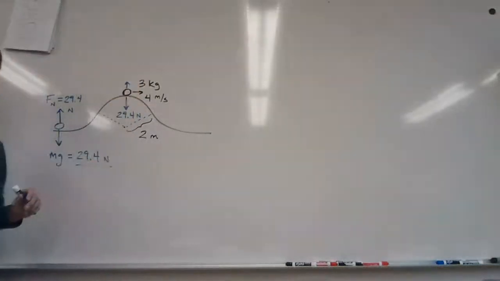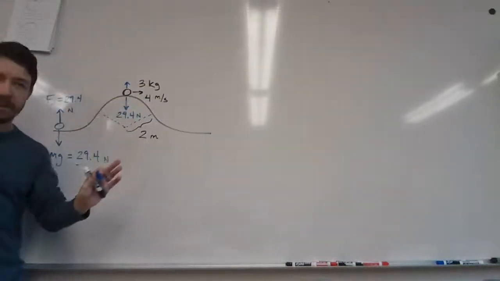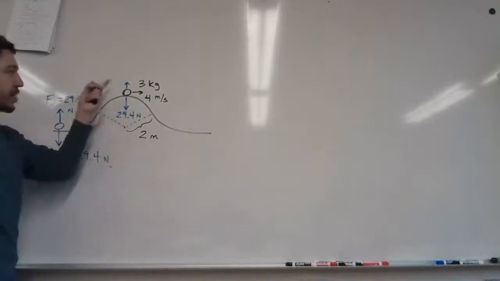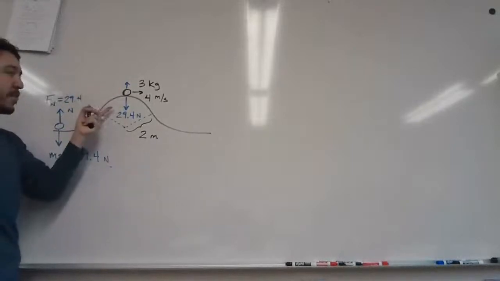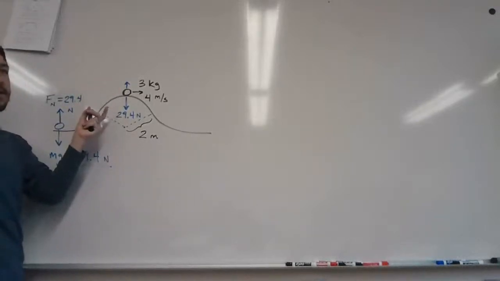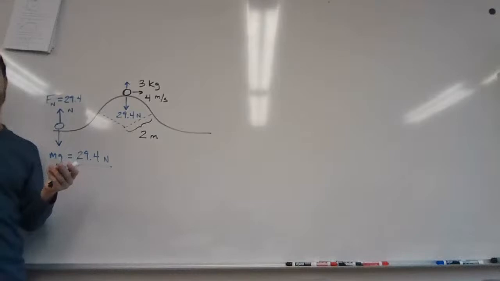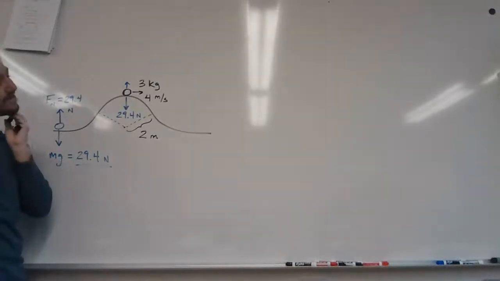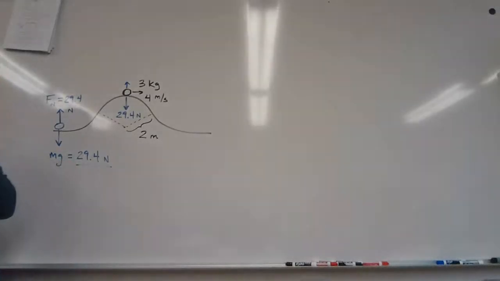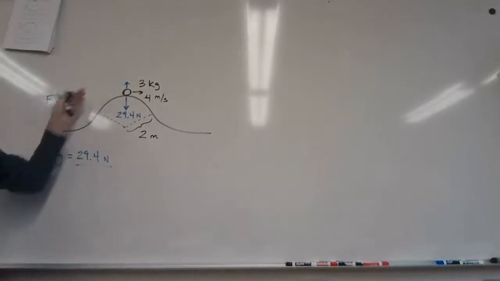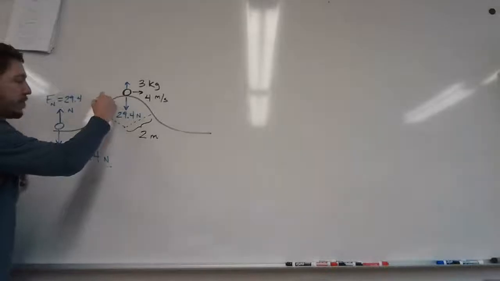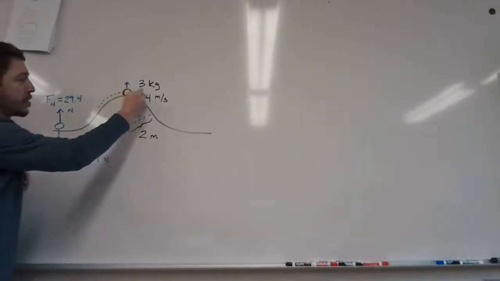But this vector here, tell me if this makes sense. I already know, without doing any calculation, that this vector has to be smaller than this vector. That is a physics inference. It's more just the fact that at this moment in time, it's traveling in a circular path.